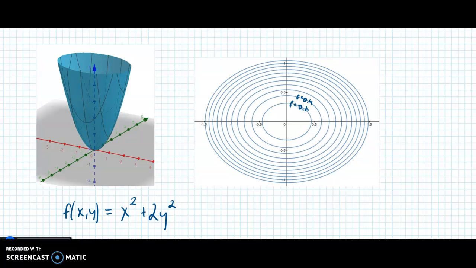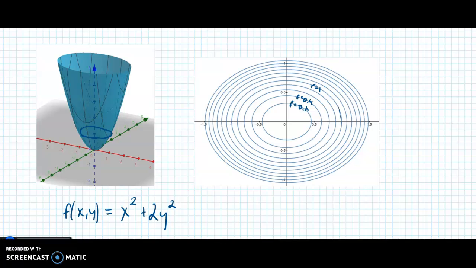What they are representative of is, this would be f equal to 1 right here. If I were to go and draw a circle around here, right, then that contour, that line right there would be the height of 1 on that surface, right?